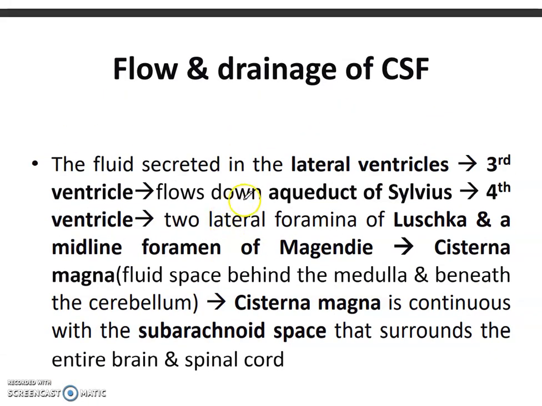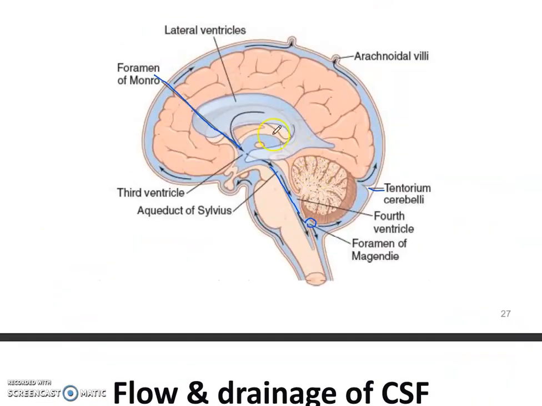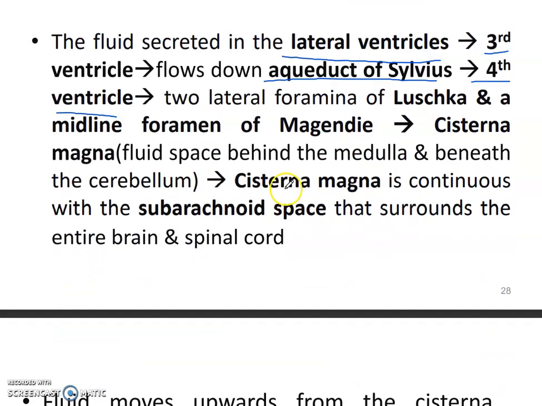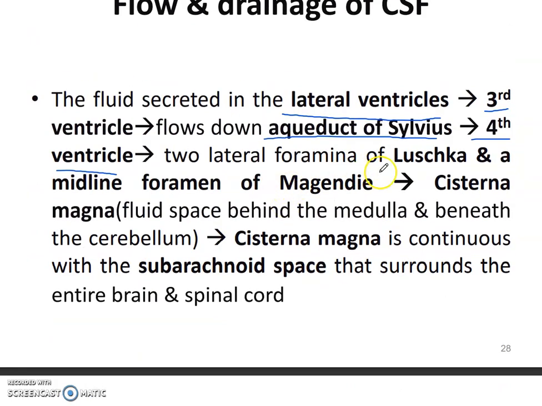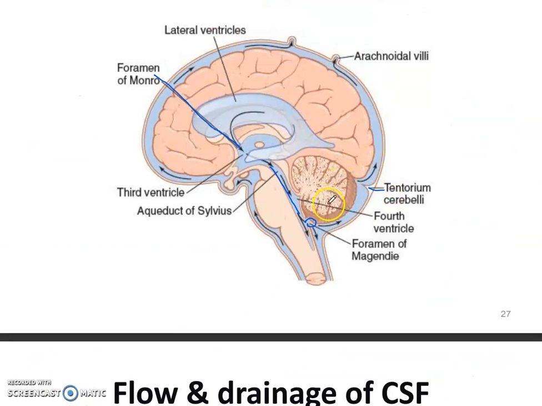Flow and drainage. The fluid secreted in the lateral ventricles flows down to the third ventricle, through the aqueduct of Sylvius and then to the fourth ventricle. Then there are the two foramina of Luschka and the midline foramen of Magendie.